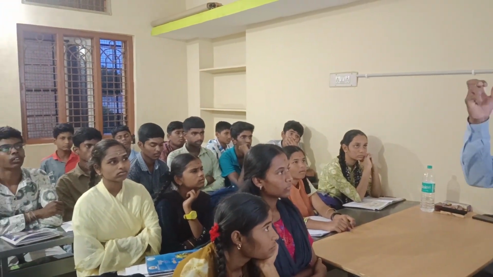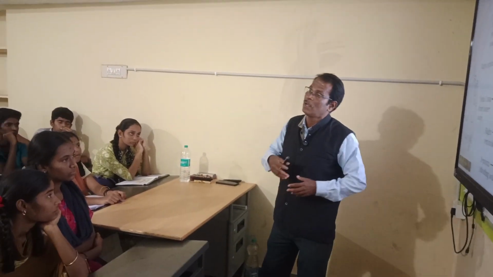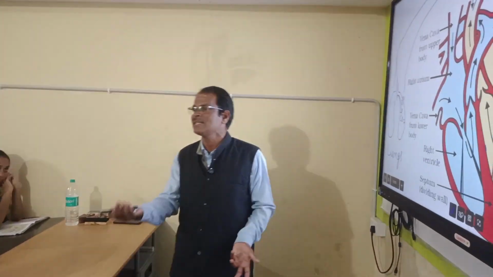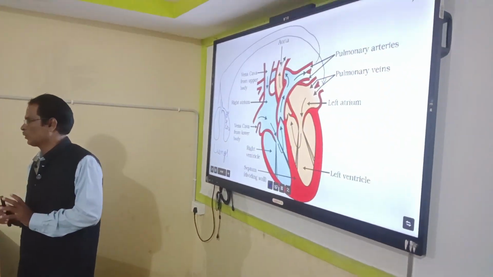Very good. Sit down. Suppose a fat person who is having 200 kg, his fist size may be this much, and that much may be the heart size. Why is it bigger in a person with a fat body? Because he wants to have that much quantity of blood accumulation.